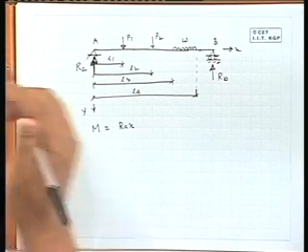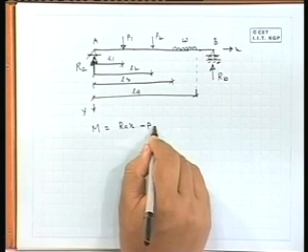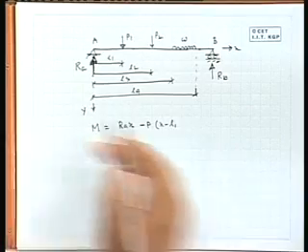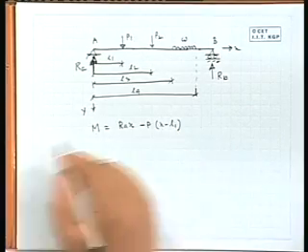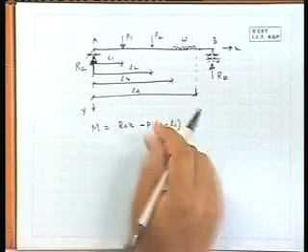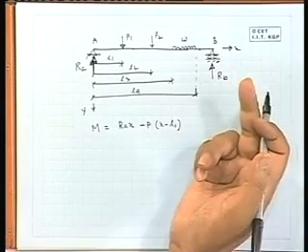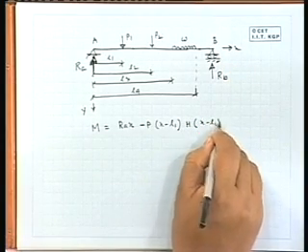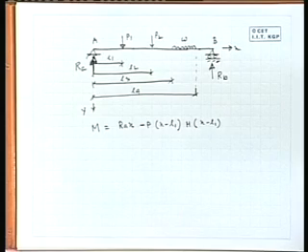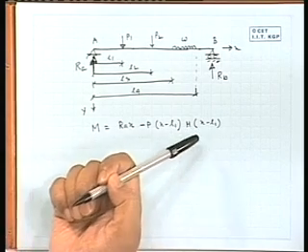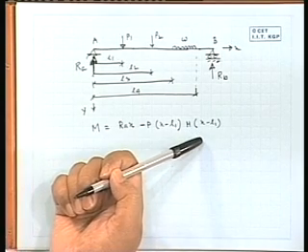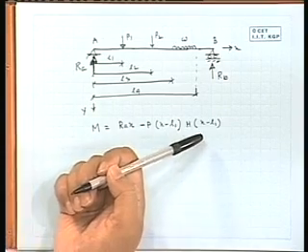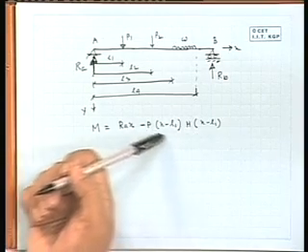Now, if you cross that, you will have say P1 into X minus L1, but that part will be after L1. So, here you have to put some step function, right. So, this part will be 0 when X will be less than L1, when it will be more than that, that part will be 1 or you will get some contribution from here.